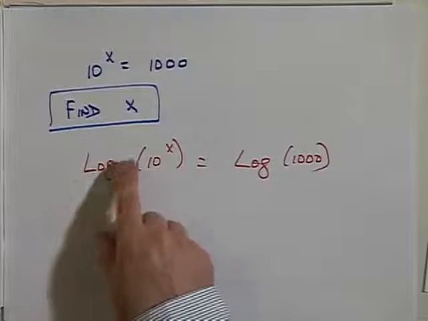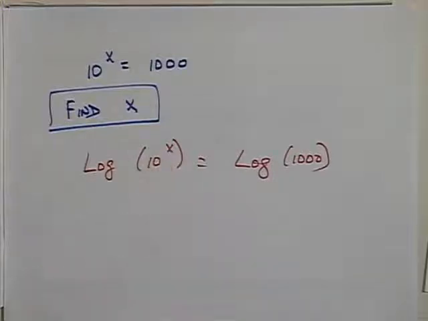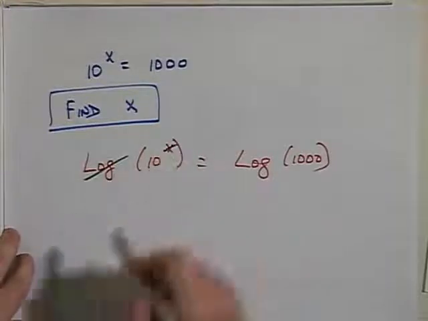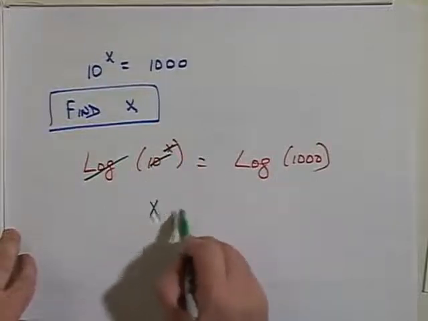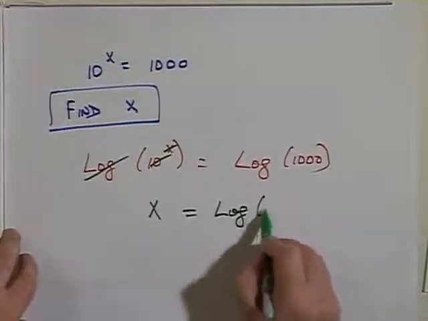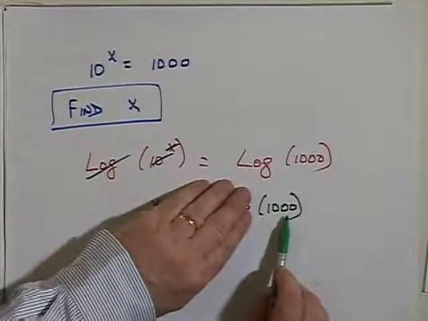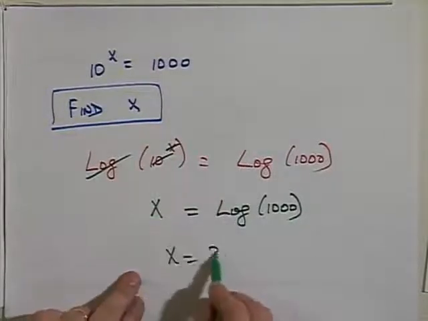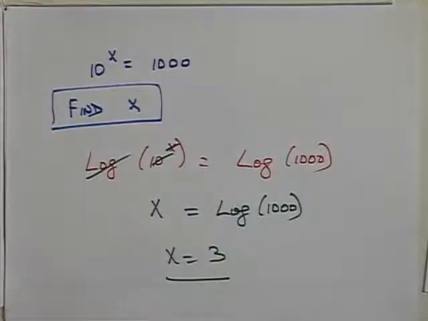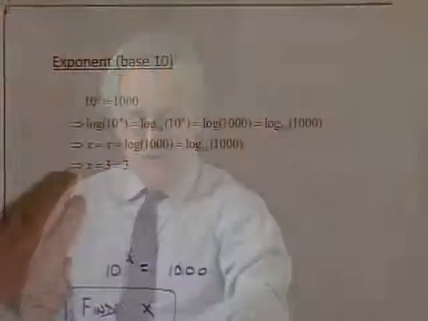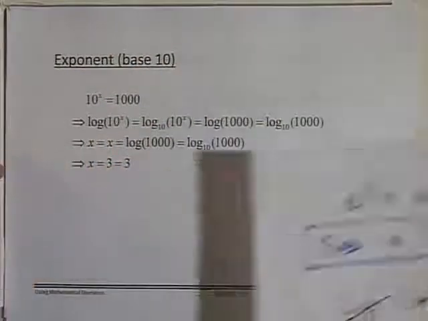I don't like log, and I don't like 10 to the power of x, but because they're pairs, I chose them because they got rid of it. And it just became x is equal to log of 1,000. And that's just 1,000 on the calculator. Hit log, x is 3. So if you get a question like that, 10 to the power of something, you just take the log of it.